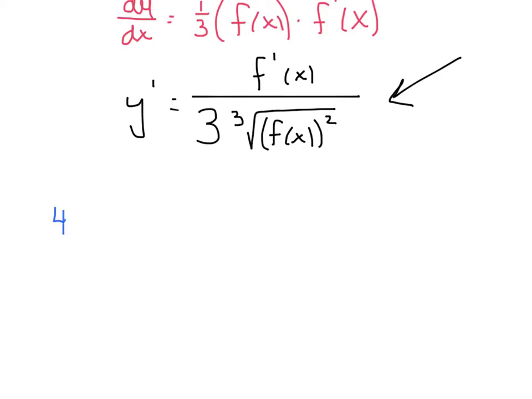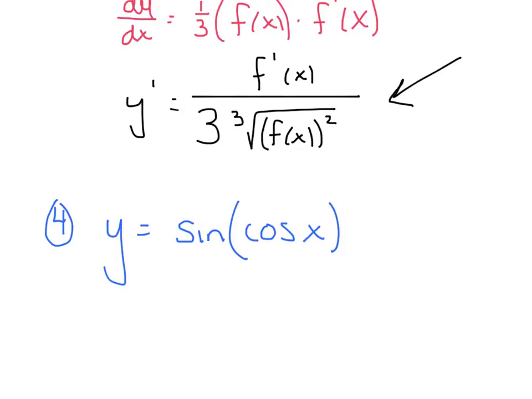All right, let's see one last one here. Let's say y equals the sine of cosine of x. Is it clear we have chain rule? I have an inside and an outside, and I said the word "of," the sine of cosine of x. So here's what we're doing.